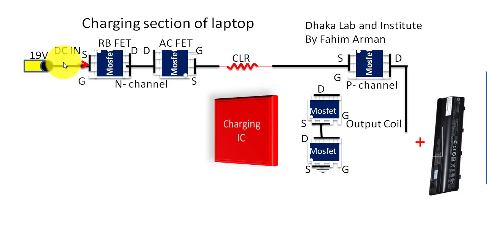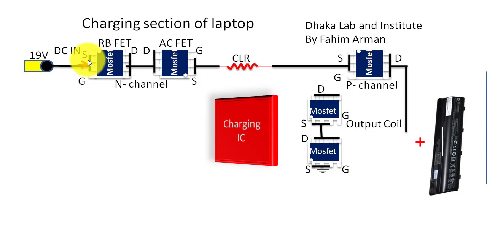But as it is an N channel, this voltage will pass easily from source to drain, but some volt will be dropped because the source point is the anode of the MOSFET's internal diode and the drain point is the cathode.